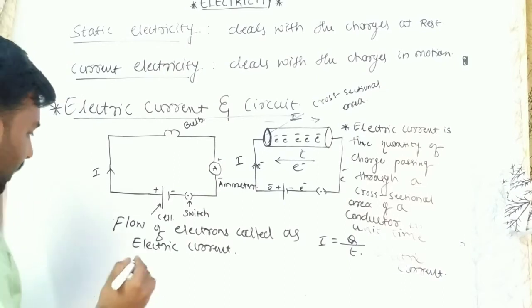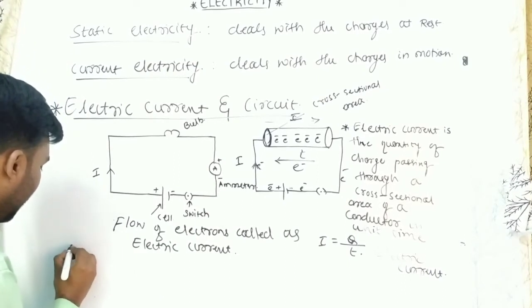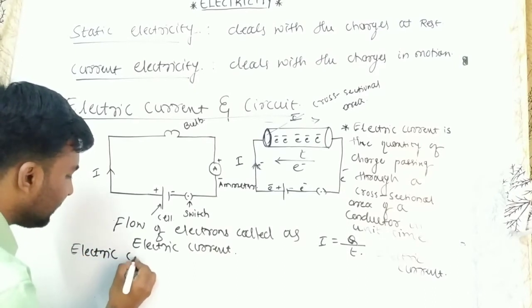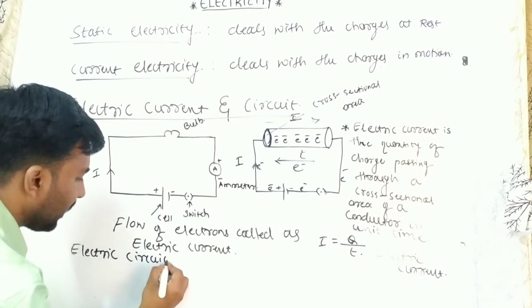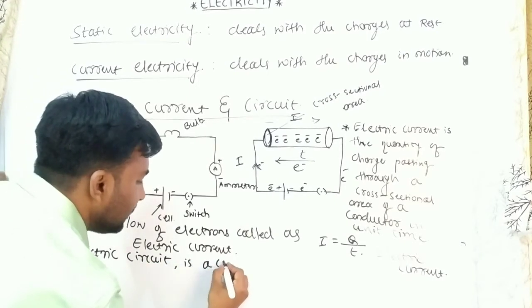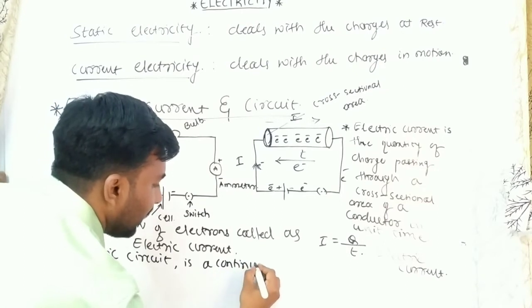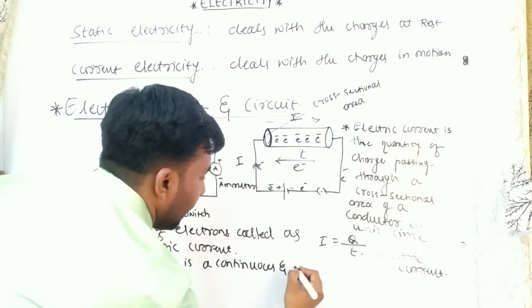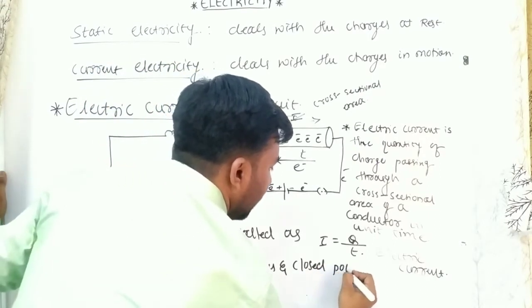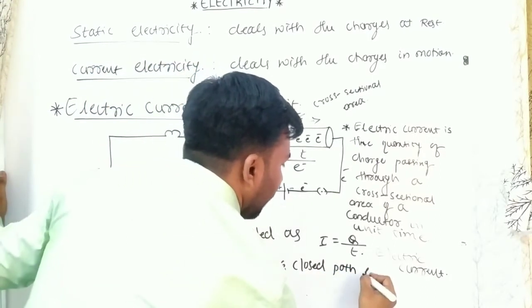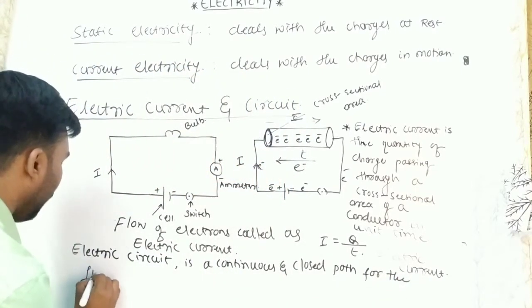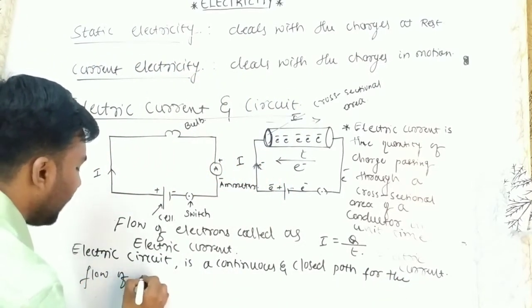So here, an electric circuit is a continuous and closed path for the flow of electric current.